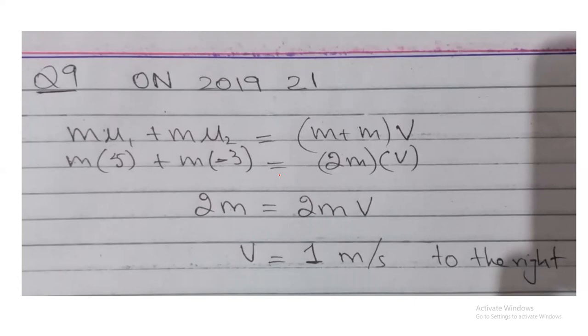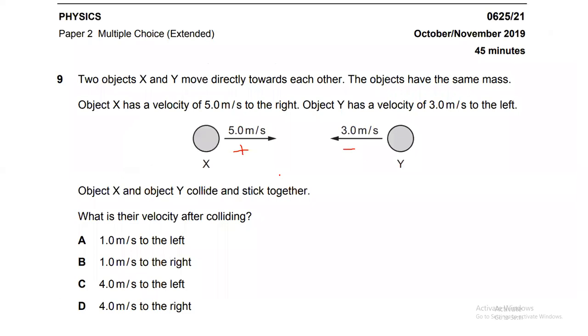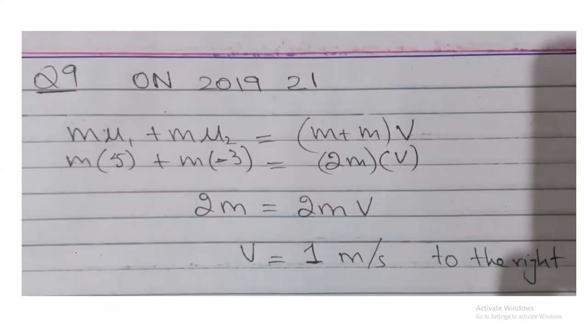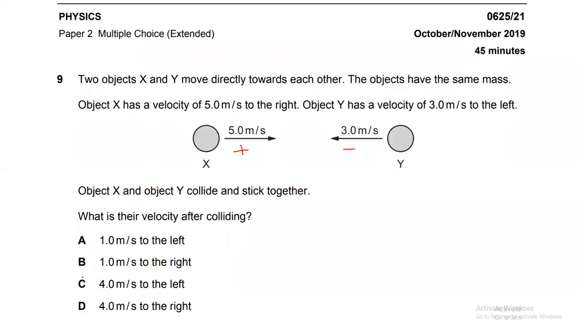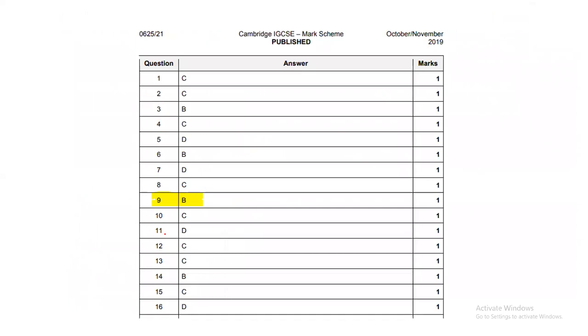So you will have 2m is equal to 2mv, and so you will have v equals 1 meter per second. So they will move at 1 meter per second, and because our answer is positive, that means they both will go to the right. So I think B is the right option. Question number 9, B is the right option.